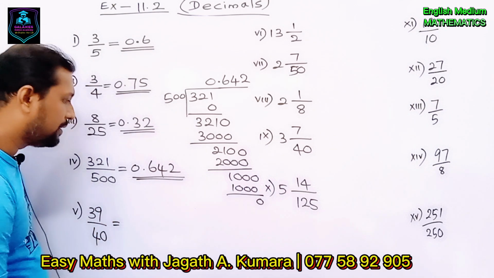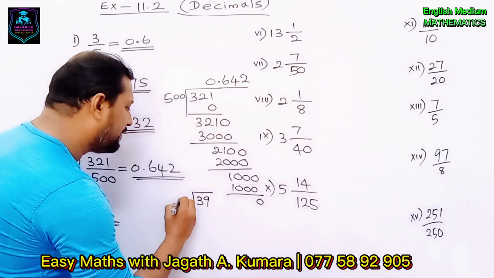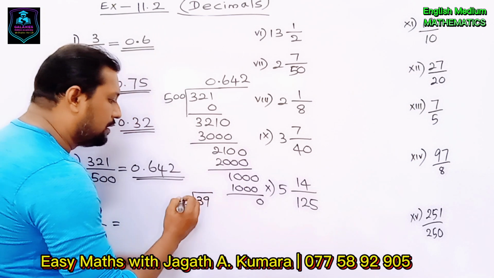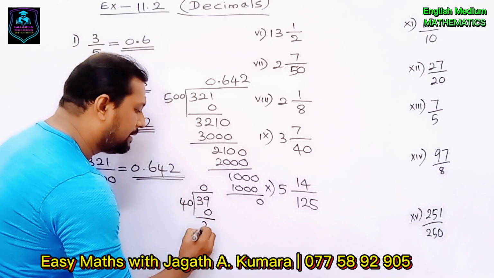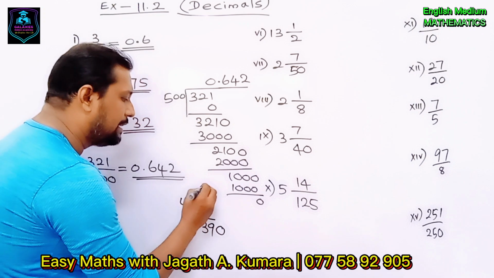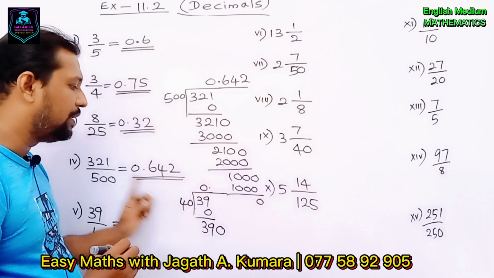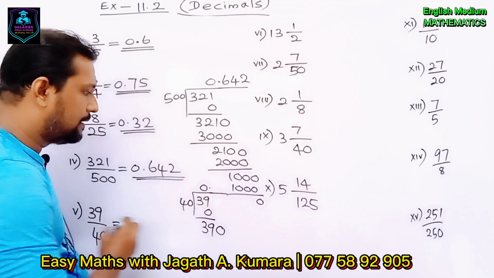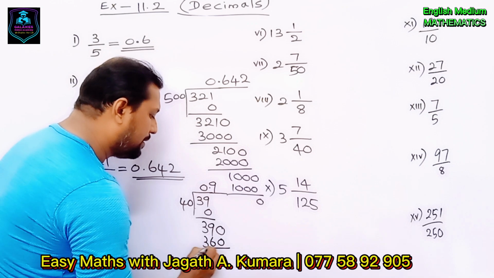Then let's go to the next one. 39 we have to divide by 40. How many 40s for 39? 0. 0 times 40, 0. Remaining 39. Then you can put a 0 here, then keep the decimal point. 390. How many 40s? There are 9. 9 times 40, 360. Remaining 30.